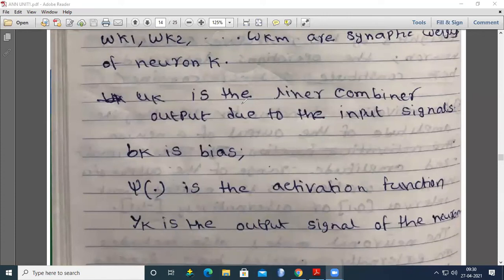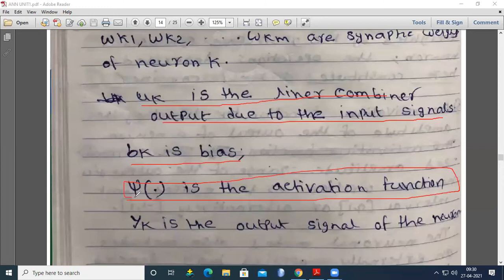So uk is the linear combiner output due to the input signals, bk is the bias, psi is the activation function, and yk is the output signal of the neuron.